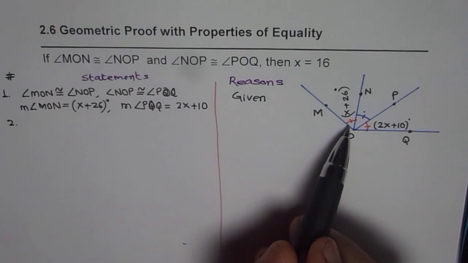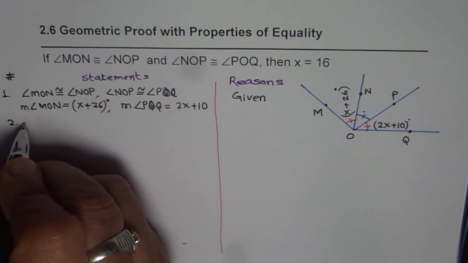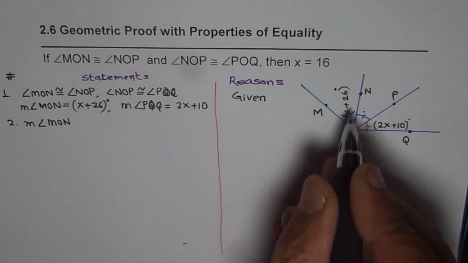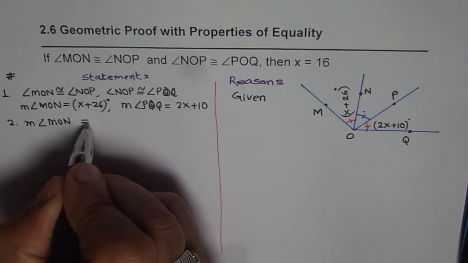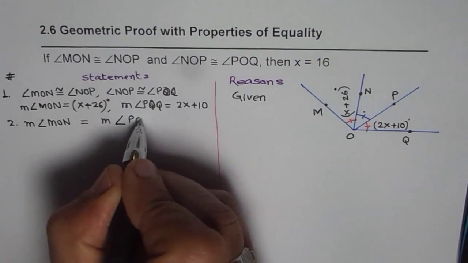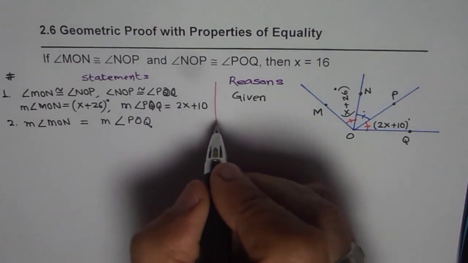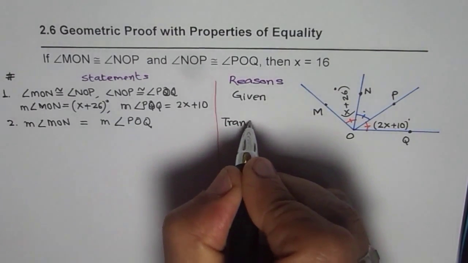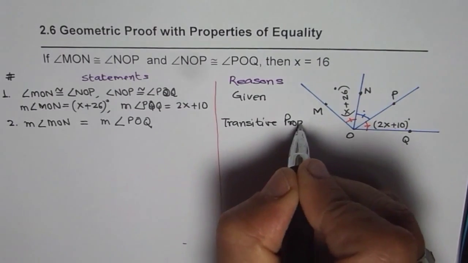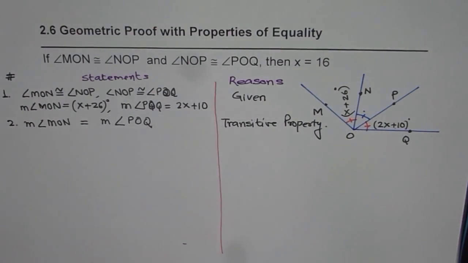We'll apply the transitive property and say that the measurement of angle MON is equal to the measurement of angle POQ, right? And the property utilized here is the transitive property. So this is the transitive property of equality.